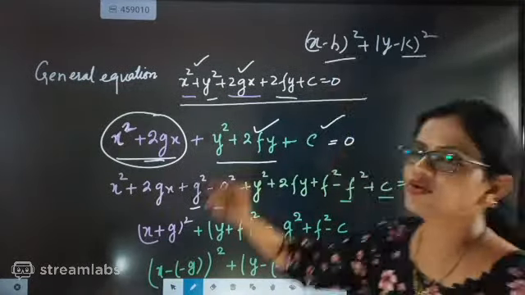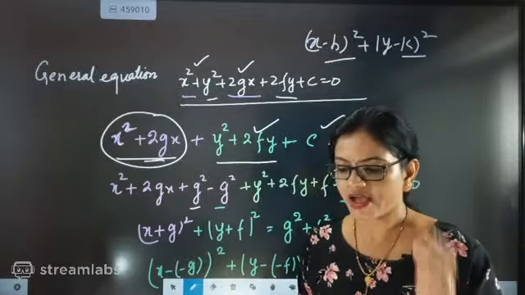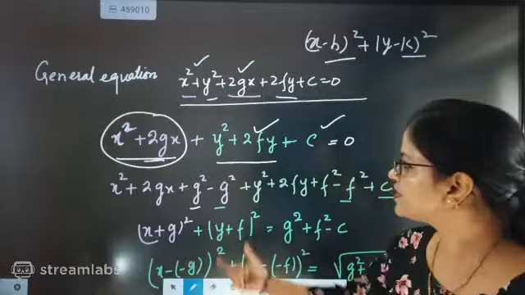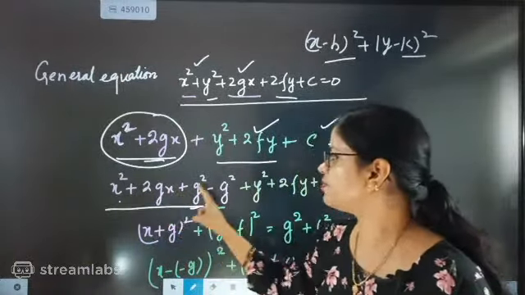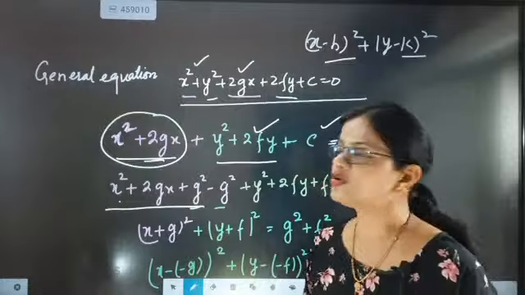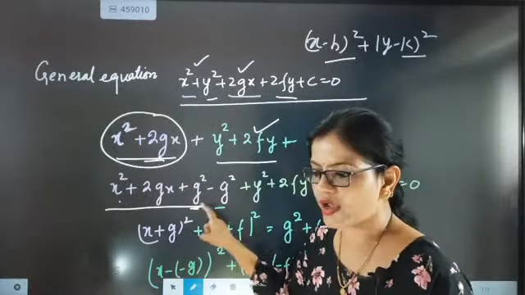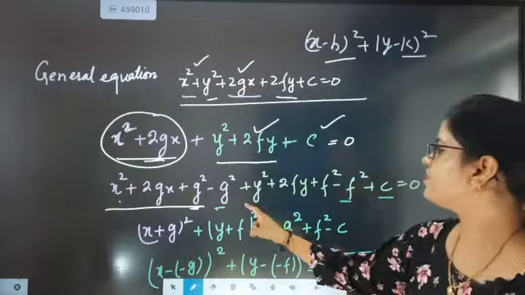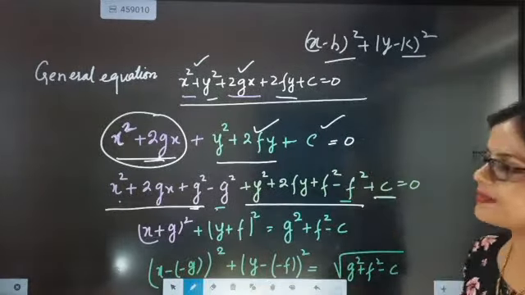It's quadratic in both variables x and y. So beta, we have to convert it into a complete square, a square plus 2ab plus b square. To convert it, g was there, so g square was missing. So I added g square and subtracted g square. In the same way I added f square and subtracted f square, and plus c I kept as it is.